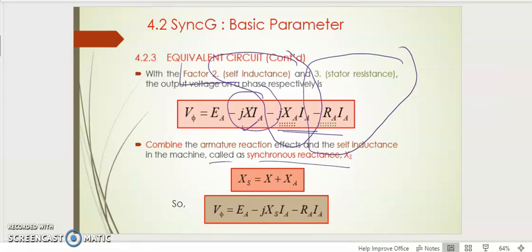So XS here is equal to X plus XA, X armature plus X. So the overall equation becomes EA minus JXS minus RA IA. So XS is our synchronous reactance.